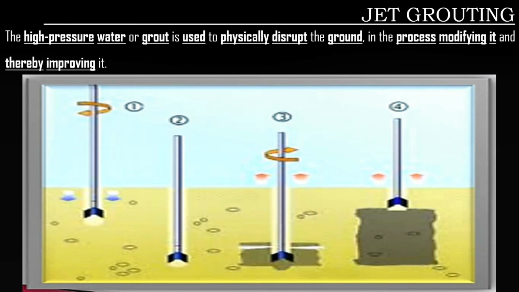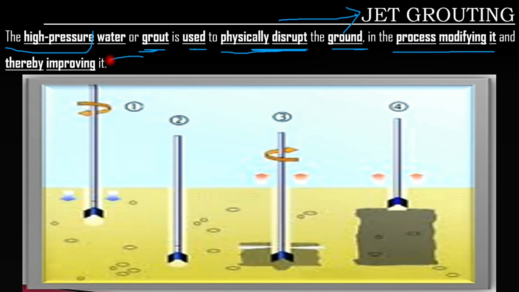Now the next one is jet grouting. In jet grouting, high pressure water or grout is used to physically disturb the ground in the process of modifying it and thereby improving it. Now take an example: you have such a structure, and below that structure there is some problem for some reason.